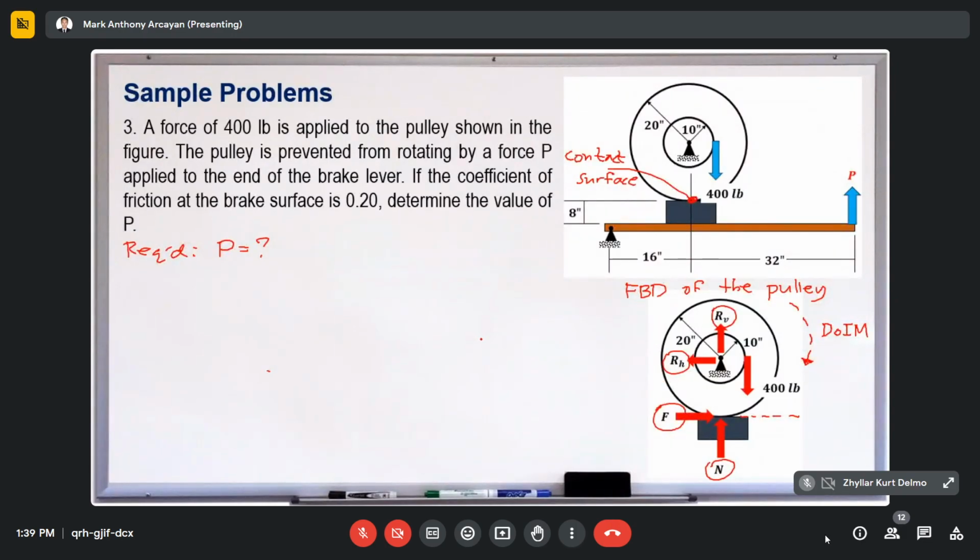So the next step is to solve for the unknown forces for this FBD. We have three equilibrium equations here.